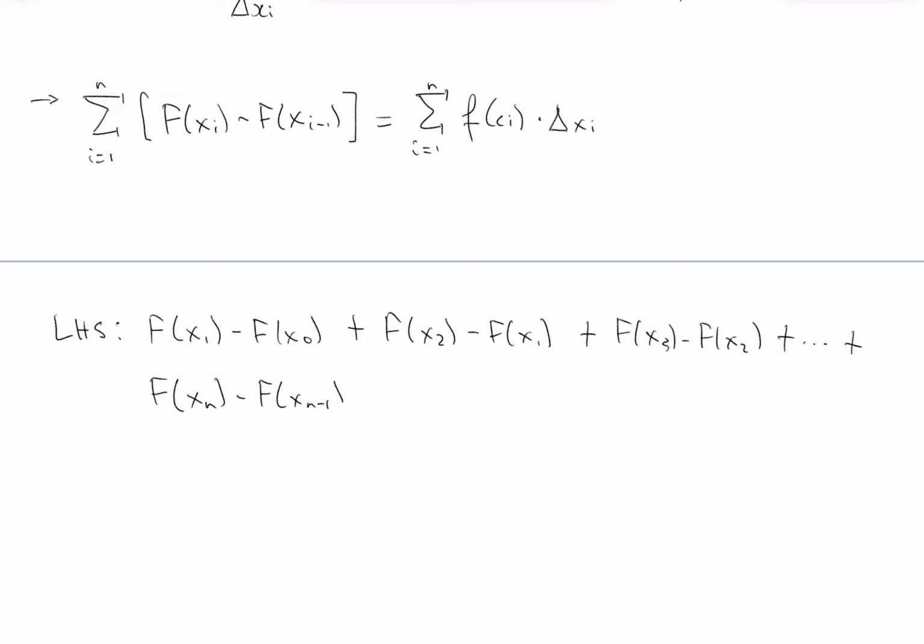xn minus 1. Okay, so notice we can get some cancellations. This will cancel with this will cancel with this, and so on. And what you're left with, when you do all these sums, is this and this. So these two terms. So that is just f of xn minus f of x0.